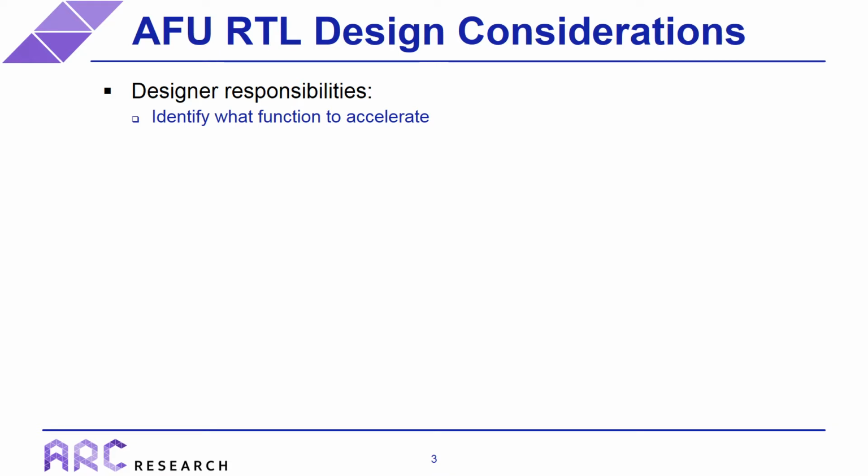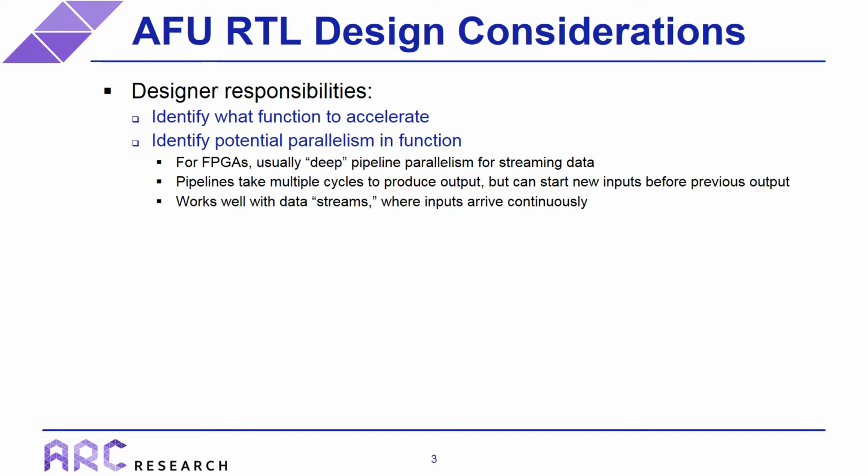So this slide here shows some of the design considerations for creating register transfer level AFUs. A designer has several things that they're responsible for. First of all, they must identify the function that they want to accelerate, then need to create or identify potential parallelism in that function. For FPGAs, typically the type of parallelism you would be looking for is deep parallelism or pipeline parallelism.